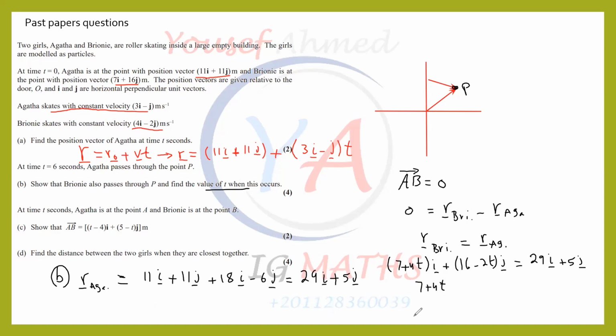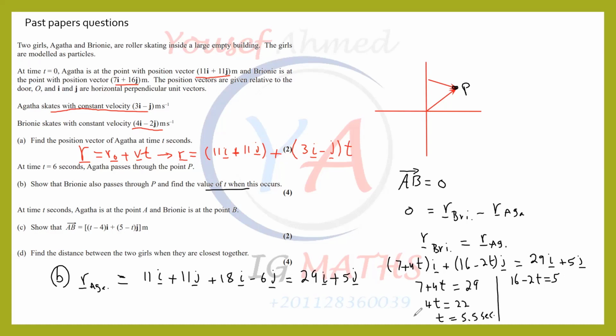So it will be 7 plus 4t equals 29, and 16 minus 2t equals 5. Once the value of time is equal in both, it means she reached the point after that much time. So 4t is equal to 29 minus 7, which is 22. So the time will be 22 divided by 4, which is 5.5 seconds.